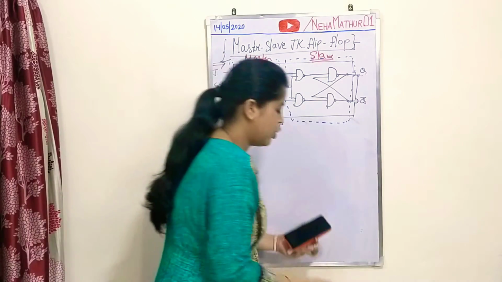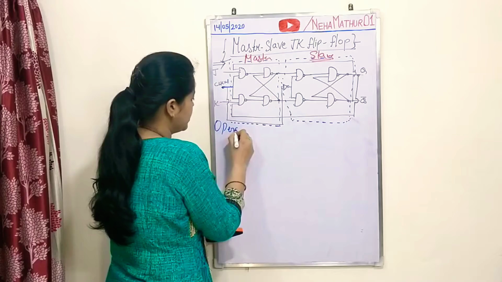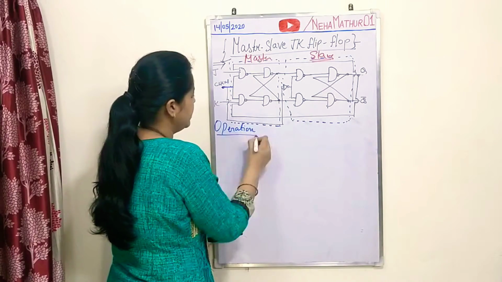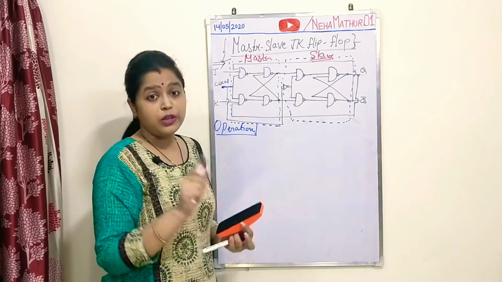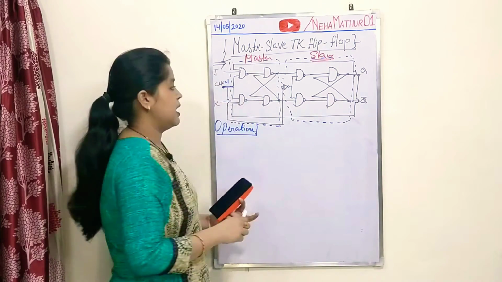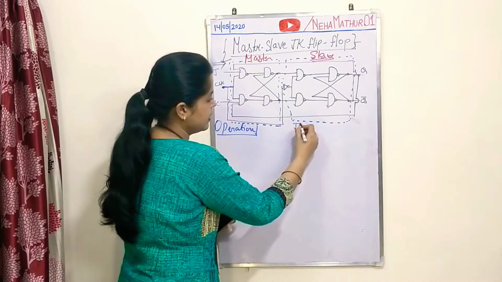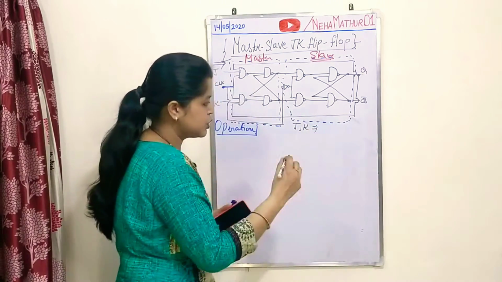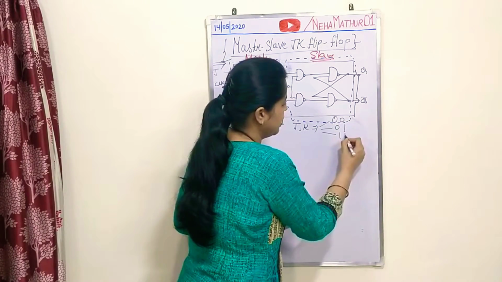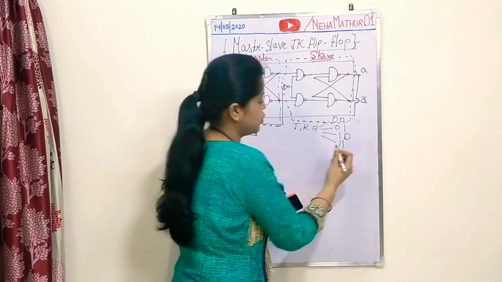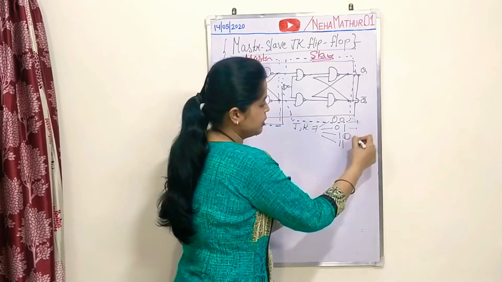Now come to its operation, again for 4 cases with its main inputs, J and K, which may be 0 0, 0 1, 1 0 and 1 1. So we will deal with each and every combination of its input.